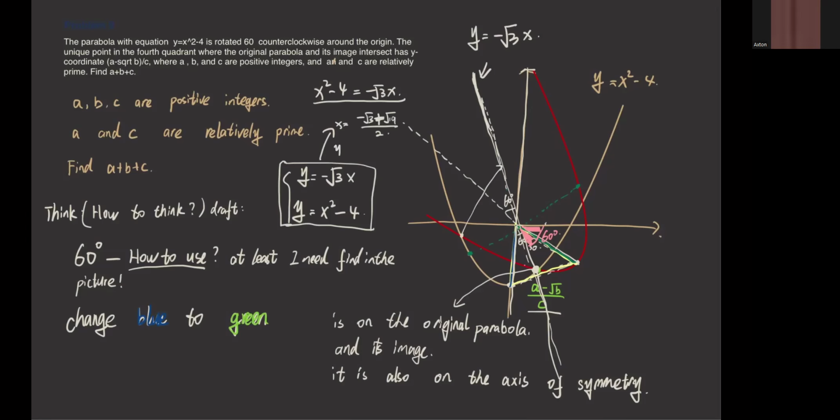So this gives me y is equal to 3 minus square root of 57 over 2. So a is equal to 3, b is equal to 57, c is equal to 2, which gives a plus b plus c, equal to 3 plus 57 plus 2, which is 62.